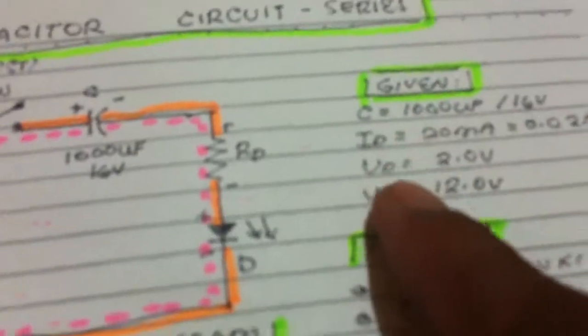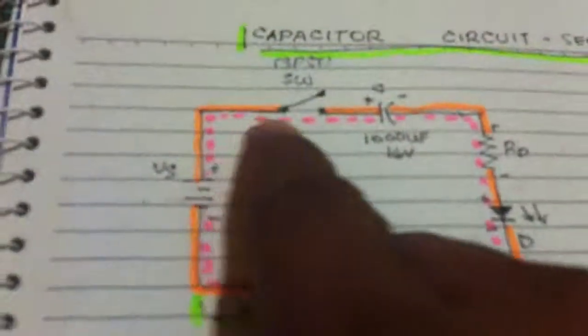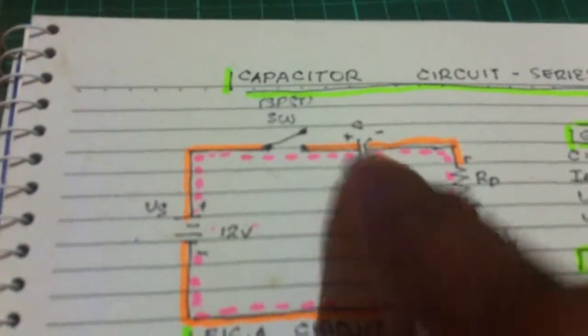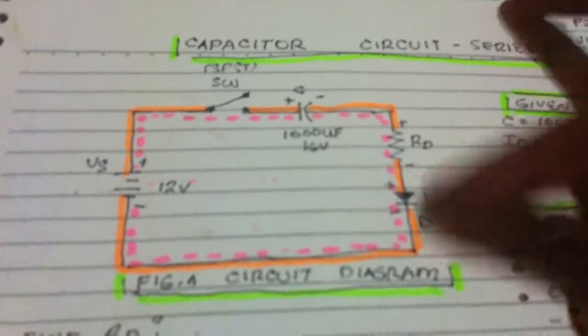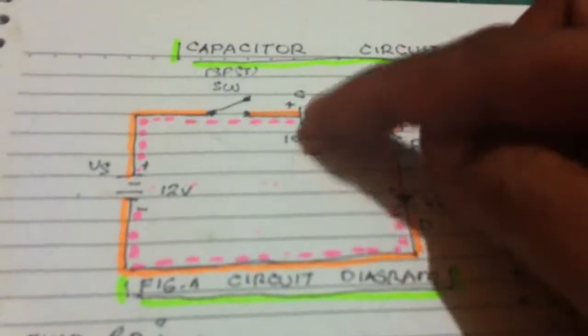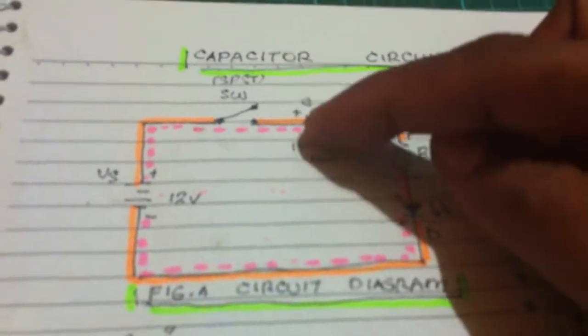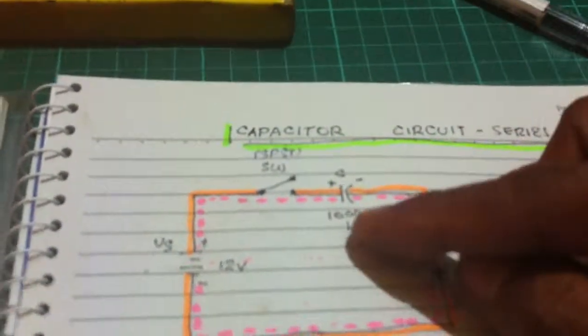So we got here the given values. Then we have the parts here: capacitor, resistor, LED. And once it is fully charged, what happens? The LED turns off. There's no light here. There's no current flowing here, making the circuit open, broken here. So let us see if that's true.